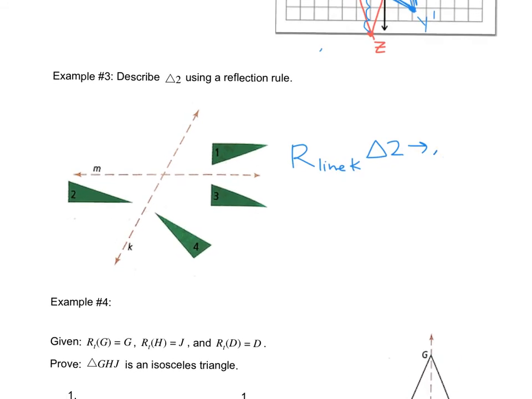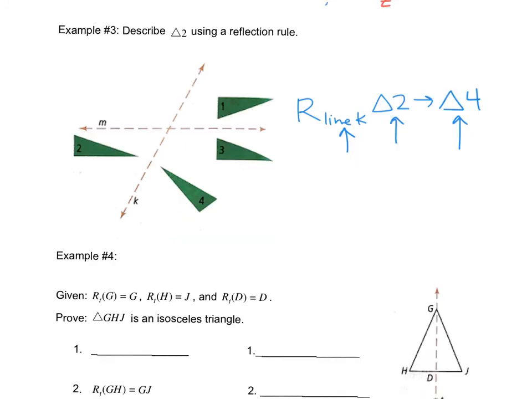Triangle 4. Okay, so tell me the line you're reflecting over, the triangle you're reflecting, and what it becomes. Those 3 things, okay? And then the capital R to tell me what you're doing. A reflection, a translation, what is it? Okay, questions on that?